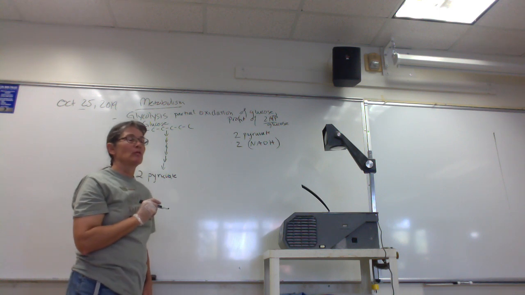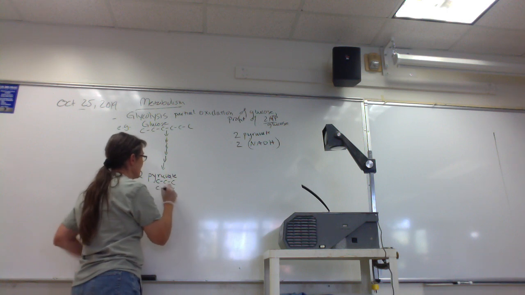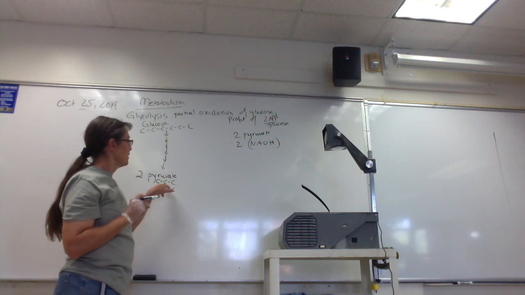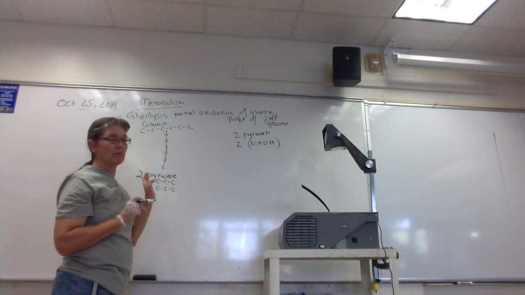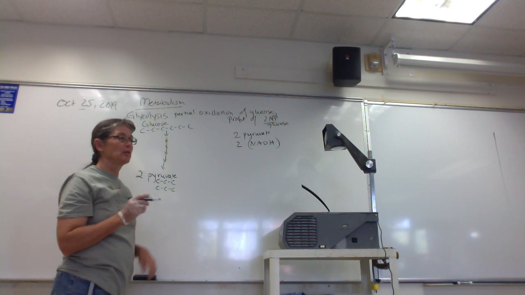Pyruvate is just the ionized form of pyruvic acid. And again, these are 3 carbon molecules. And again, the carbons used to be part of glucose. And the carbons are still carrying high energy electrons from what used to be glucose because we only pulled off some of the electrons.